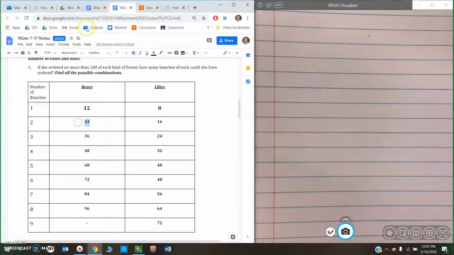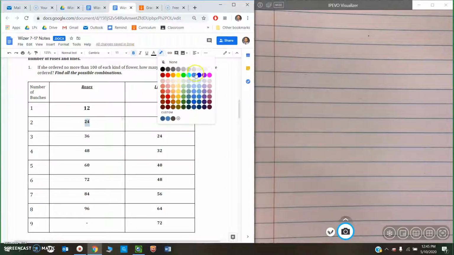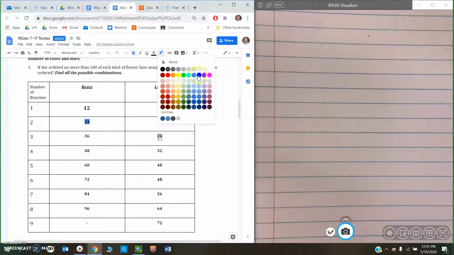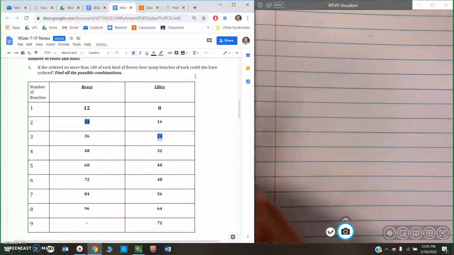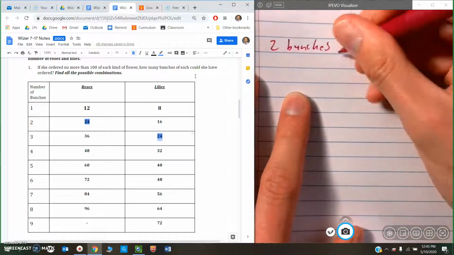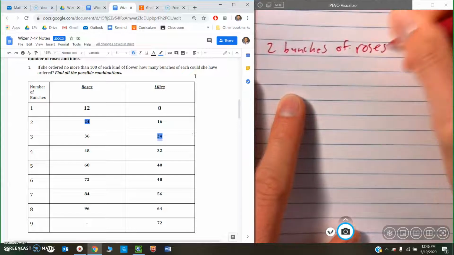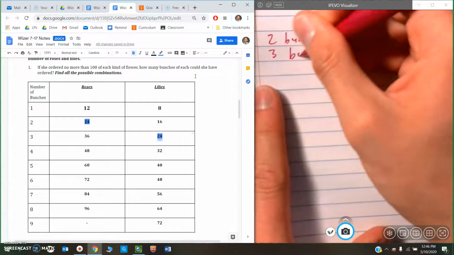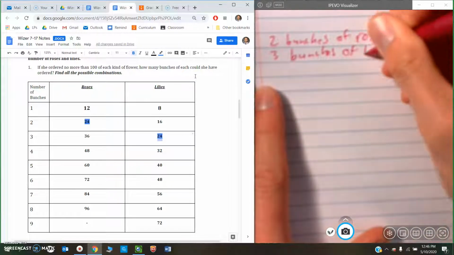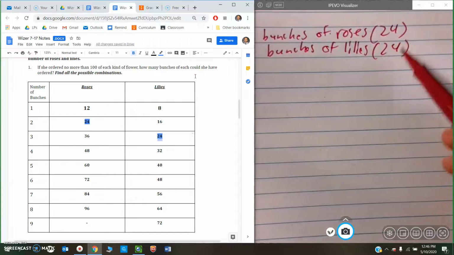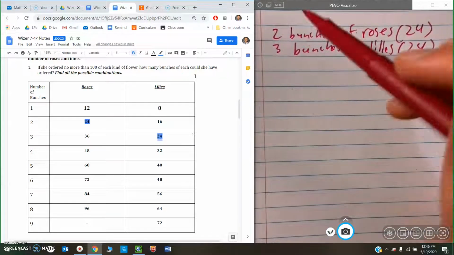So I could see that here she could have ordered the same amount of each flower, because I'm seeing 24 twice, right? So one possibility is that she ordered 2 bunches of roses, which is 24, and 3 bunches of lilies, which is 24. So that meets the requirement because she got the same amount of flowers by ordering these different bunches.